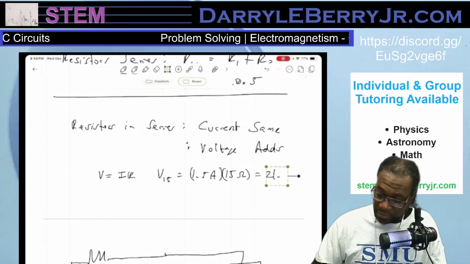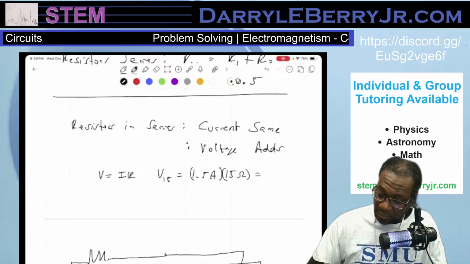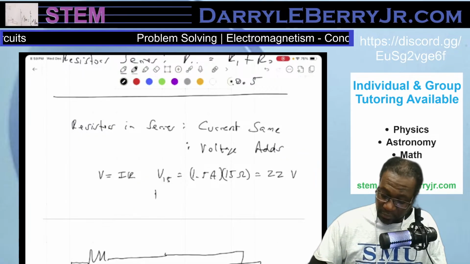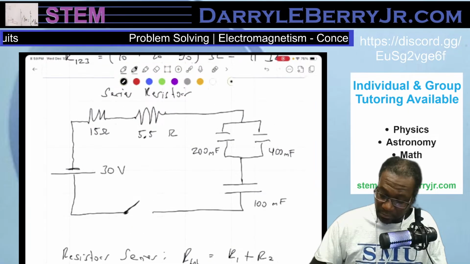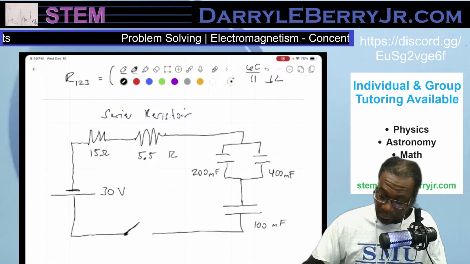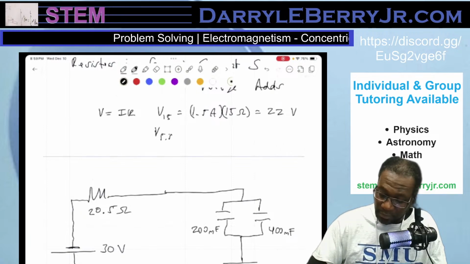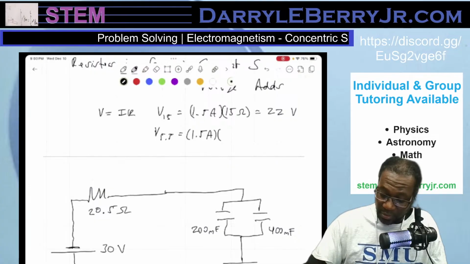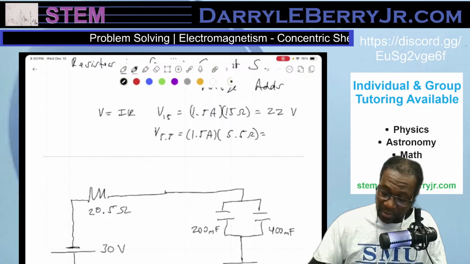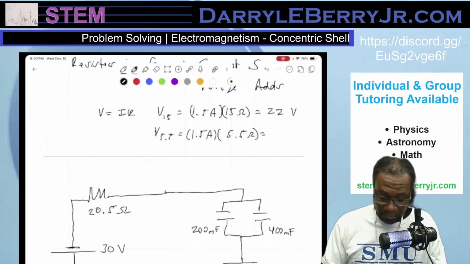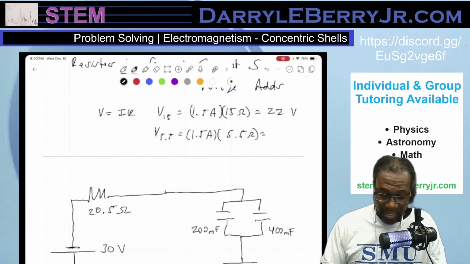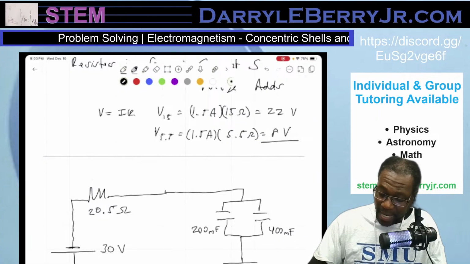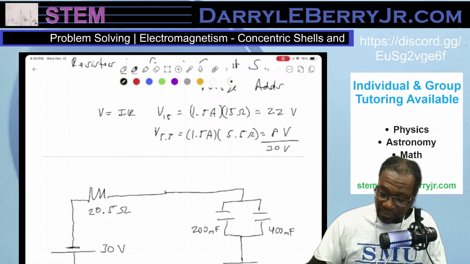I'll round it and call it 22. So I have to round the other one down a little bit. 22 volts. So V for the 5.5 equals 1.5 amps times 5.5 ohms. Now I'll put the actual amounts in my calculator. 8 volts. And as we can see, they add up to the 30 volts.